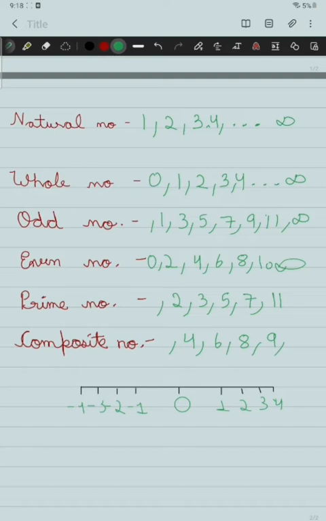So the smallest negative number will be infinite. And which will be the greatest negative number? It would be -1, because it is the rightmost number among the negative numbers.